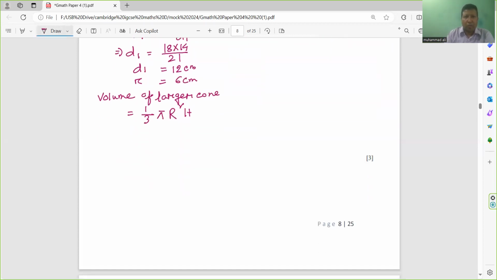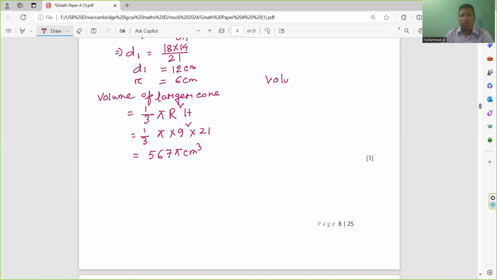So now we put all these values, 1 by 3 pi, bigger R equals 9 square, H equals 21. After calculation, we will get 567 pi centimeter cube. This is the volume of the larger cone.